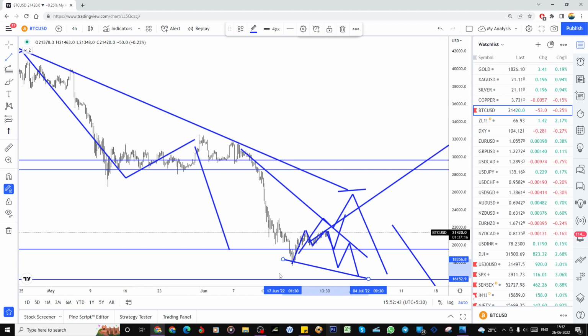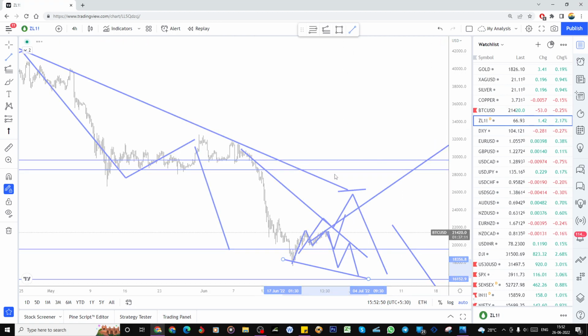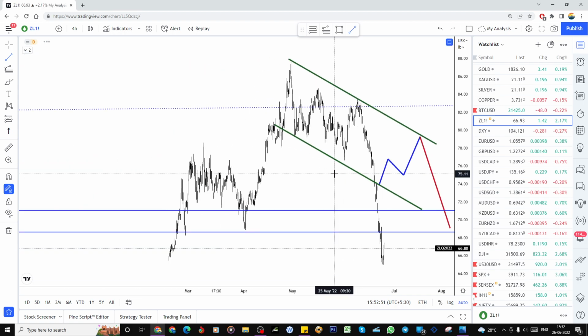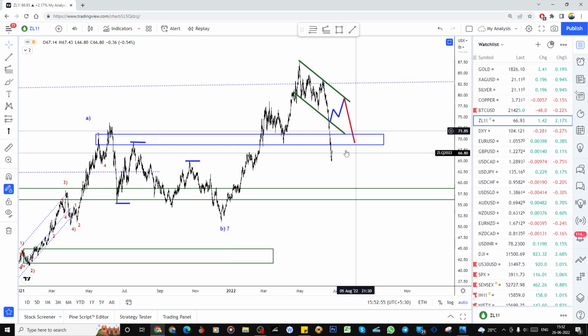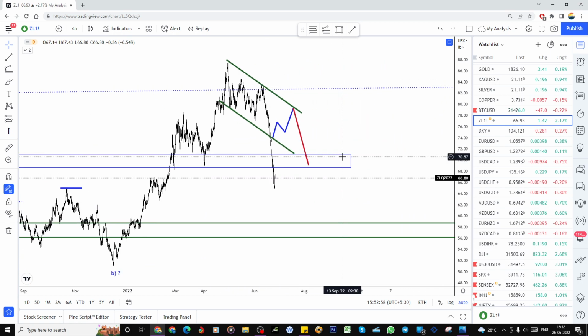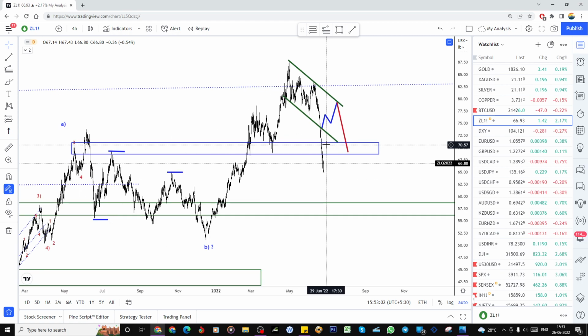So let's move on to the next. Yeah, one interesting thing. See, in the ZL, for one of my friends in the forum or in the WhatsApp group, I explained and he asked me about the ZL.